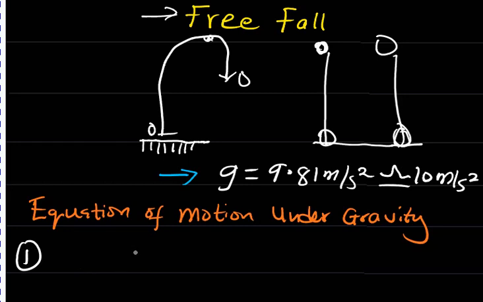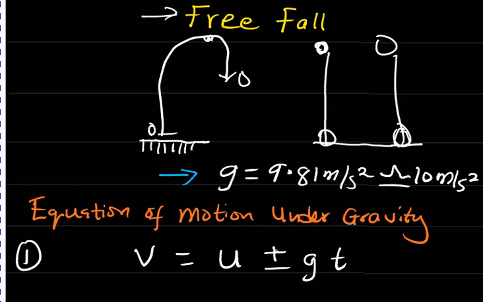Here it's still going to be the same: v is equal to u plus or minus, and instead of at, I'll replace the acceleration a by the acceleration due to gravity, gt. So it's still the same. The only difference here is I'm replacing a by g.